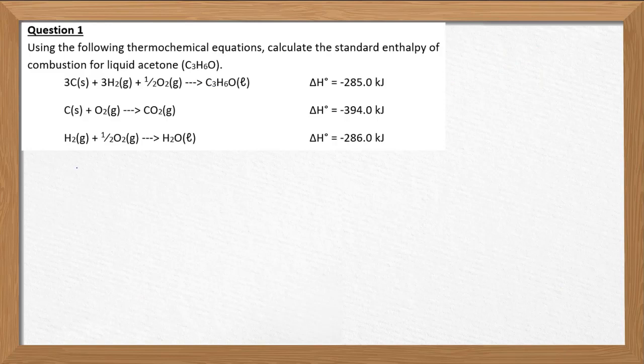For this question, start off with your target. You need to identify what your target is. The target is what you need to answer for that question. It refers to the combustion reaction of acetone. So C3H6O, liquid acetone, when this is combusted in oxygen gas, it will produce carbon dioxide gas and liquid water. Because this is a hydrocarbon, the products will be CO2 and H2O.